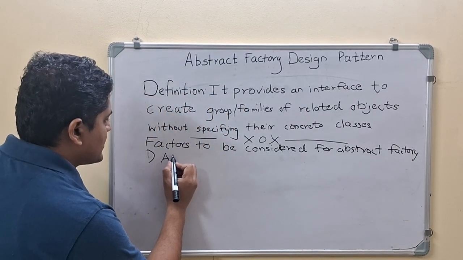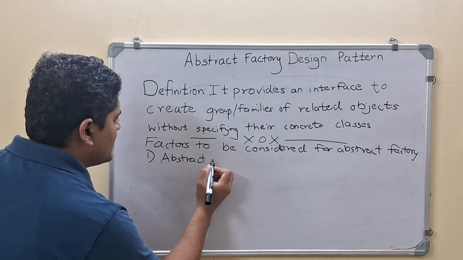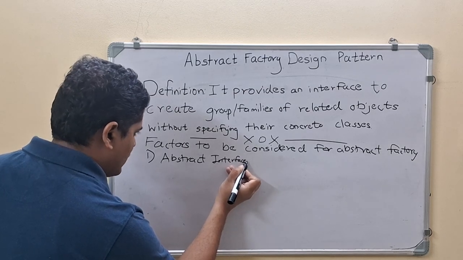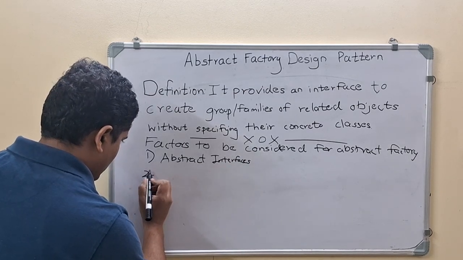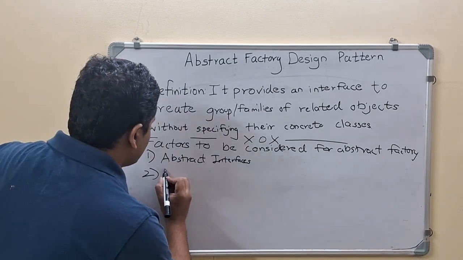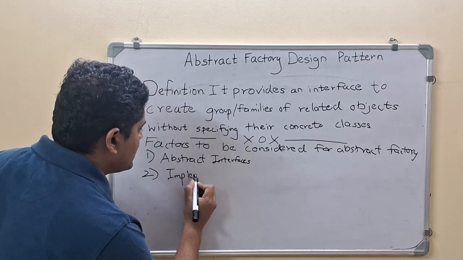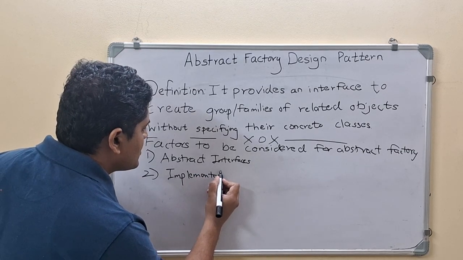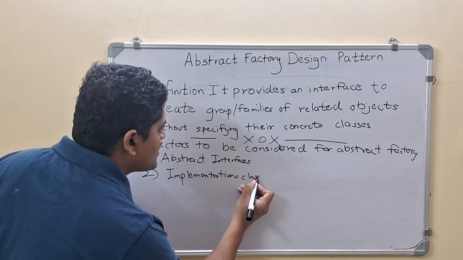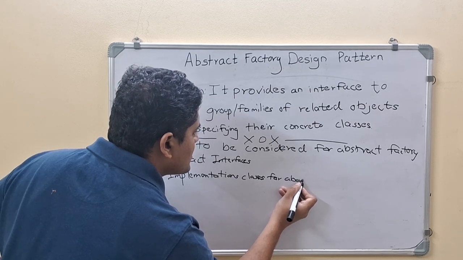First are the abstract classes, or not necessarily abstract classes, interfaces. Second are the implementations for the above abstractions, that is, classes for the above interfaces.